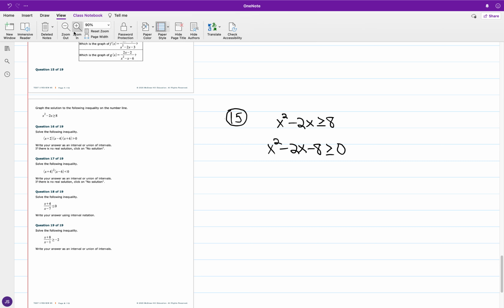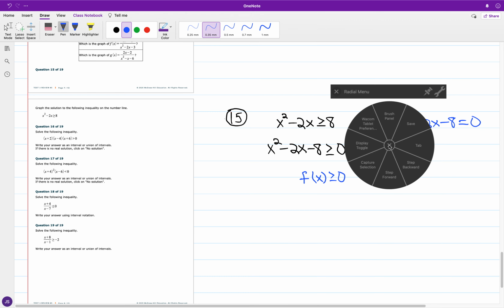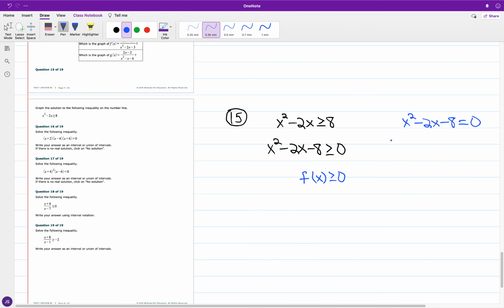So in essence, you have f of x is greater than or equal to 0. Now, if we look at determining the zeros, for x squared minus 2x minus 8 is equal to 0, in 15 we're back to not a rational, but a polynomial inequality.